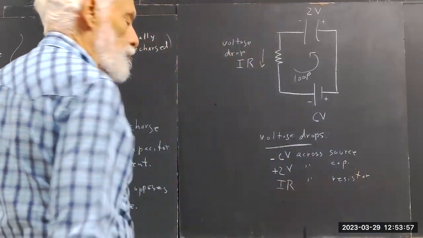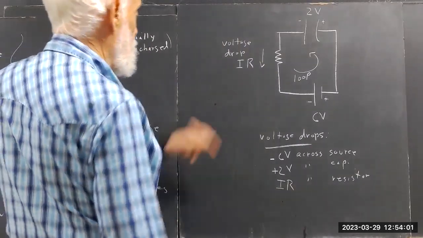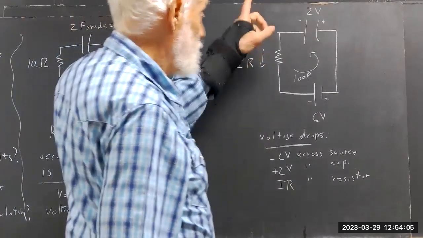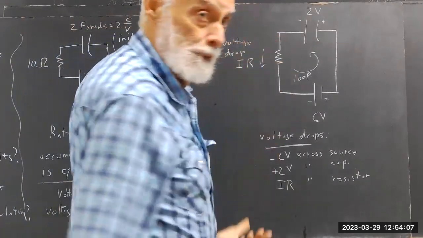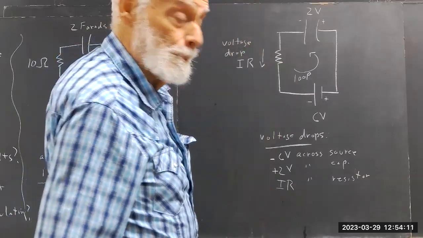And it's IR across the resistor, and I've assumed a current in this direction. If I'd assumed it in the other direction, it would be negative IR, because the voltage drops in the direction of the current.